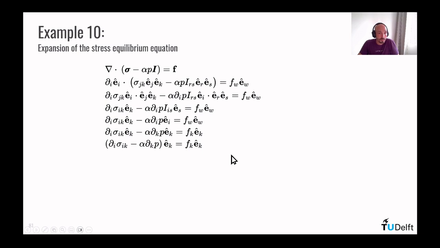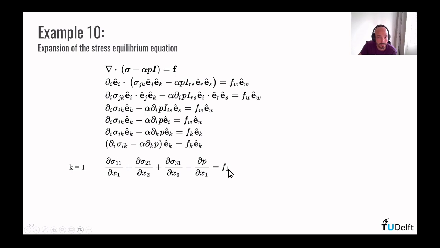Now I collect some terms like this. I did the same for the indices on the right side also. So everything is k now. So now if I choose k equal 1, I still have to perform a summation over the subindex i. So for k equal 1, I have f1.